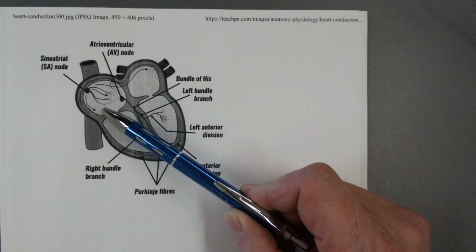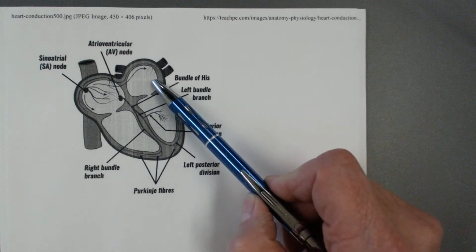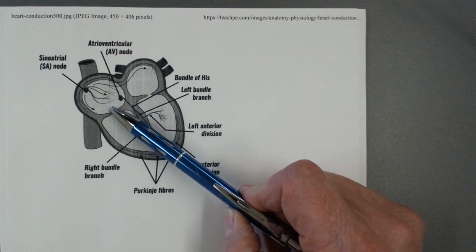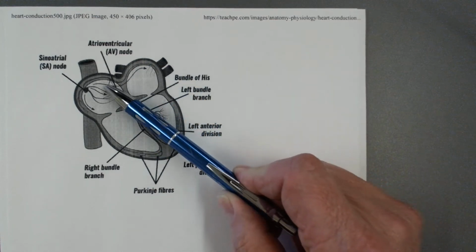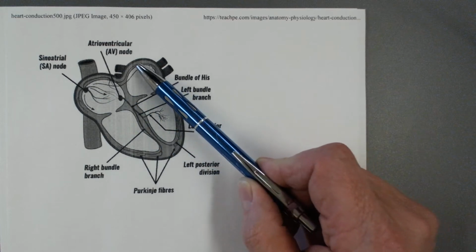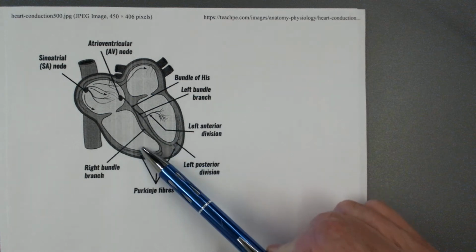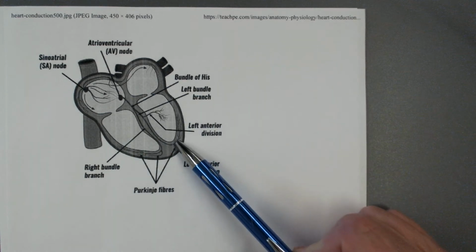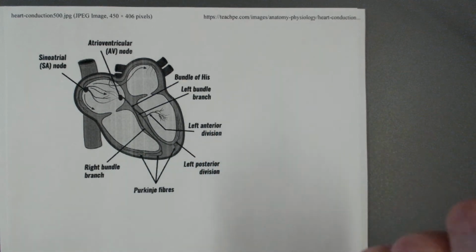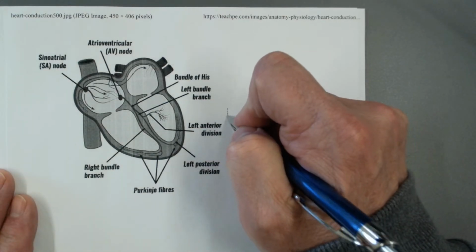So here we have the ventricles. Here's the right ventricle. Here's the right atrium and the left atrium. And then below those we have the right ventricle and the left ventricle.